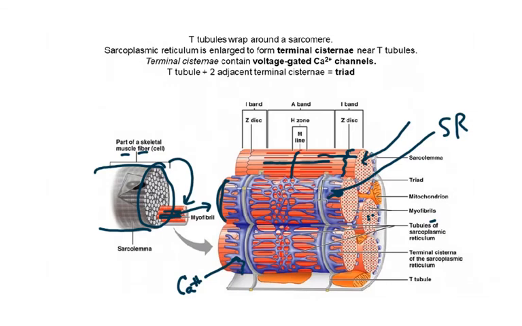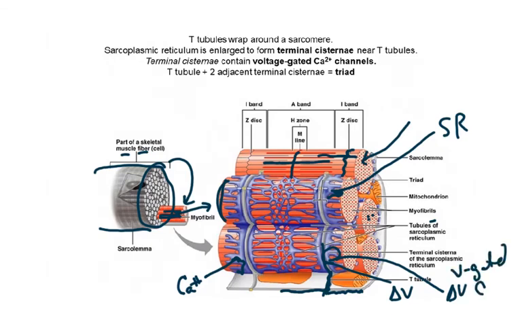What we can see happen is, as an action potential, a voltage change, spreads along the sarcolemma. It travels in both directions, continues along the sarcolemma, and travels up the T tubules, bringing this change in voltage, which is felt at the sarcoplasmic reticulum and opens the voltage-gated calcium channels in the sarcoplasmic reticulum membrane, spilling calcium out.